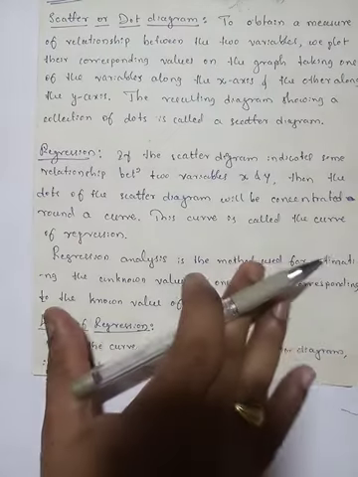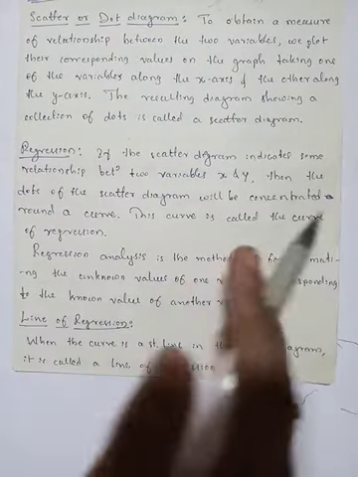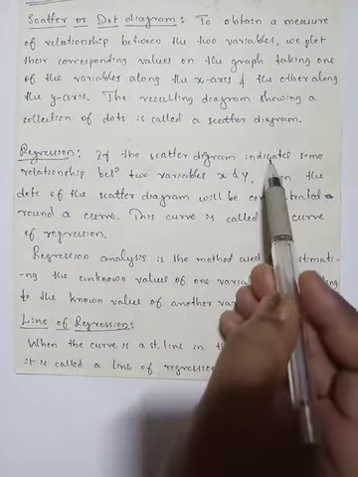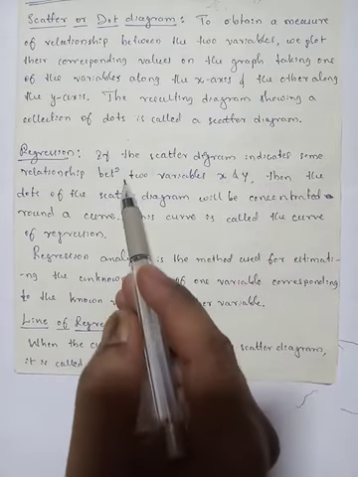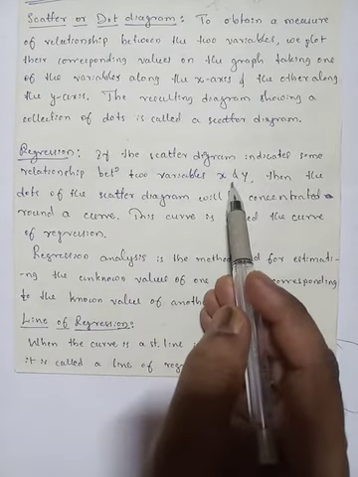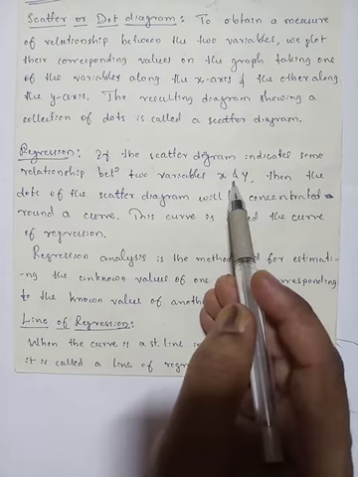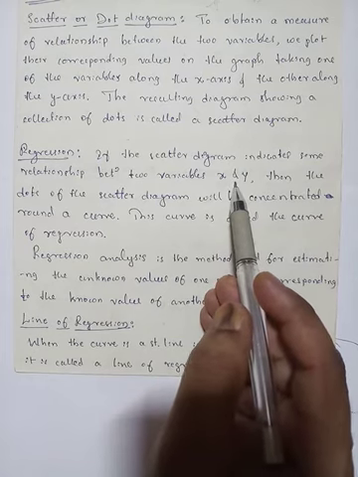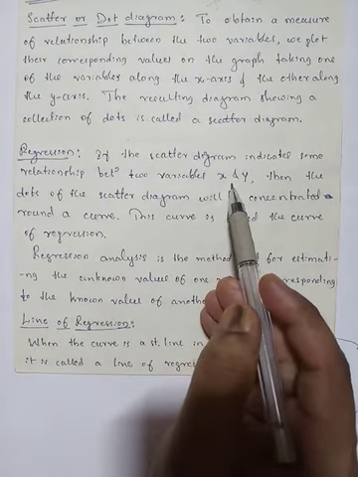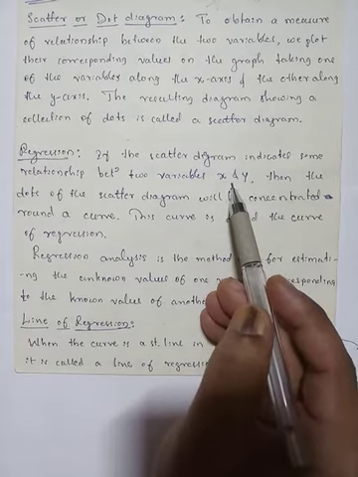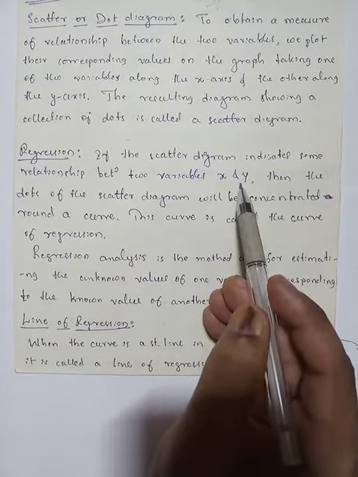If the scatter diagram indicates some relationship between the two variables x and y, yes, definitely, because when you take the points in a plane, that represents the relationship between x and y.